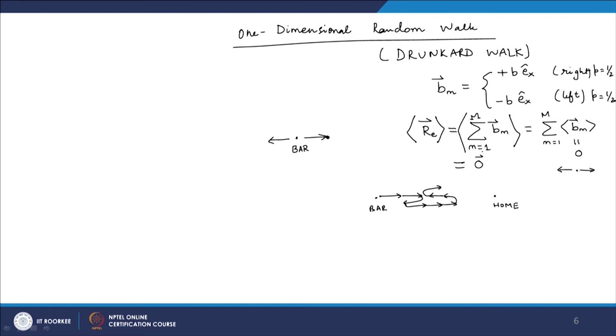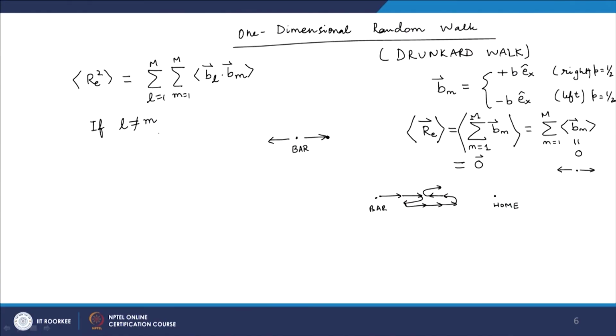Okay. Now again, if I do an RE squared average, I do have a very similar formula. And again you can see that if L is not equal to M, BL and BM represent two different segment vectors or step vectors which are completely uncorrelated.